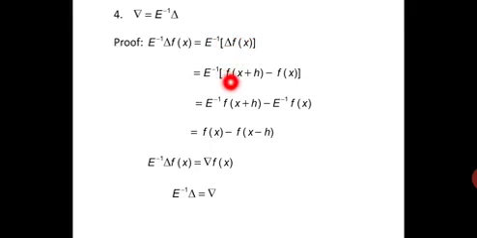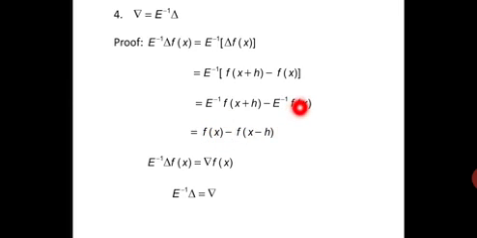What is the definition? It is f of x plus h minus f of x. Right? So now I will apply that shift operator to both the functions. By the definition of the shift operator, this will become f of x, because f of x plus h minus h, the plus h and minus h get cancelled, so only f of x remains.